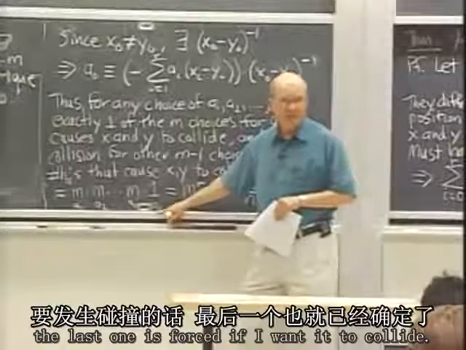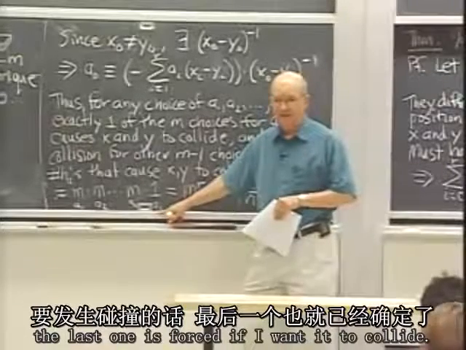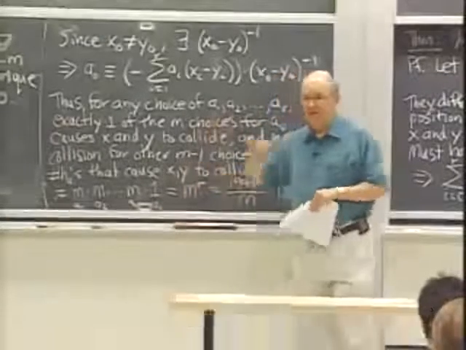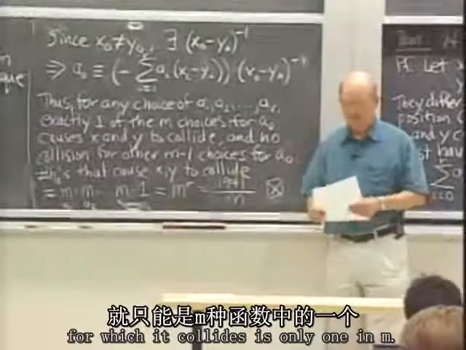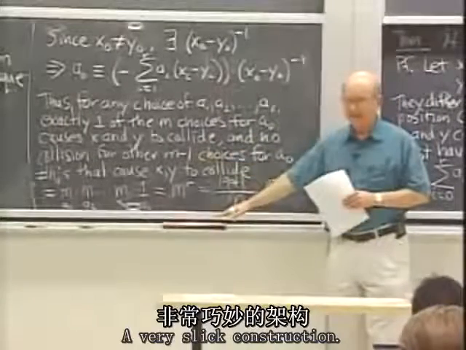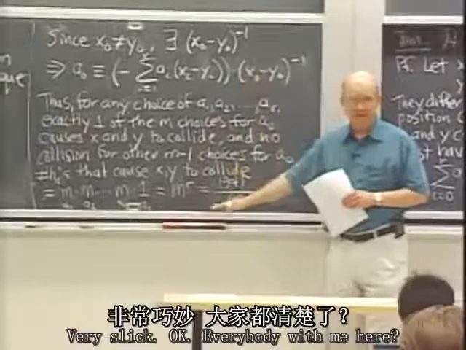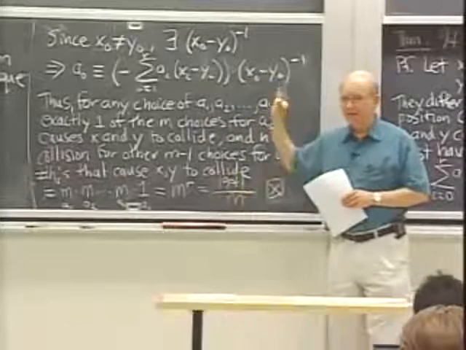So therefore, the set of functions for which it collides is only 1 in m. Okay, very slick construction. Very slick. Everybody with me here? Didn't lose too many people?